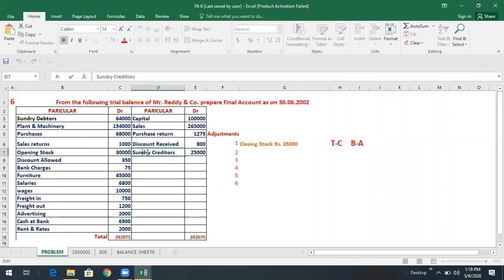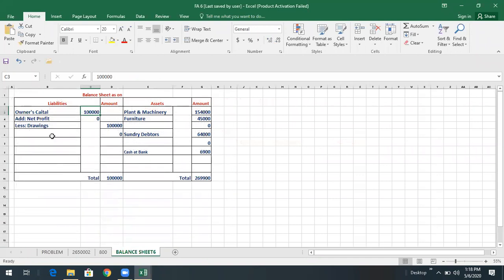Sundry debtor is balance sheet asset side, so sundry creditor is balance sheet liability side. I am entering sundry creditor on the balance sheet liability side.